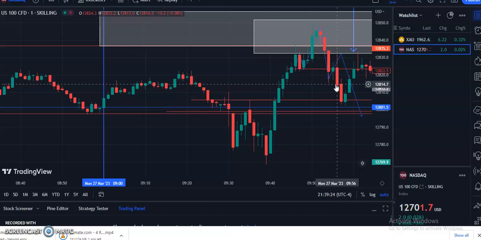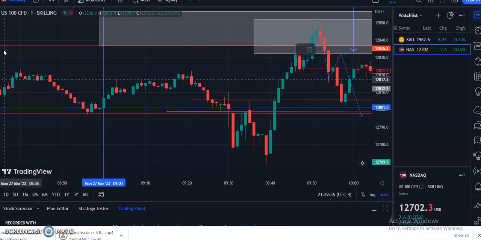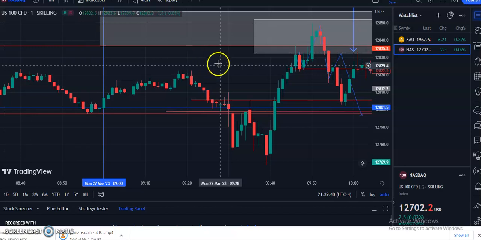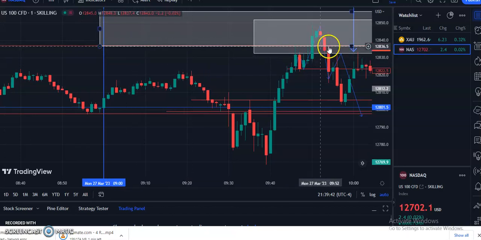Now, this is where you are able to separate high quality setups from low quality setups. It is where they form in reference to the high. We are buying low, selling high. Now, you see this box. We want the setup to be in this box.